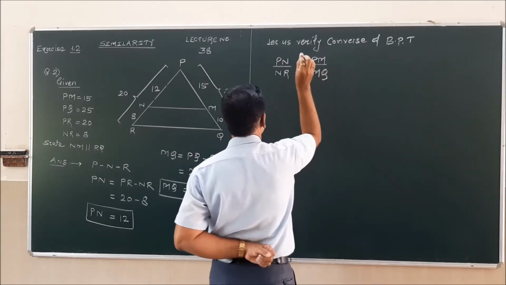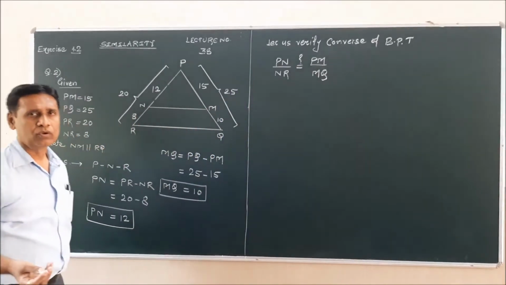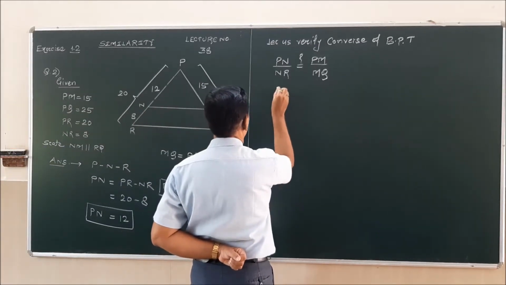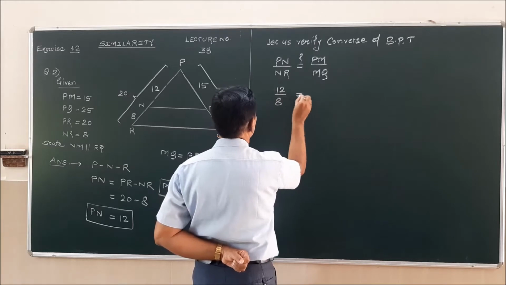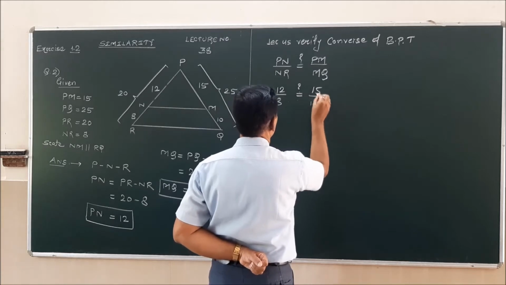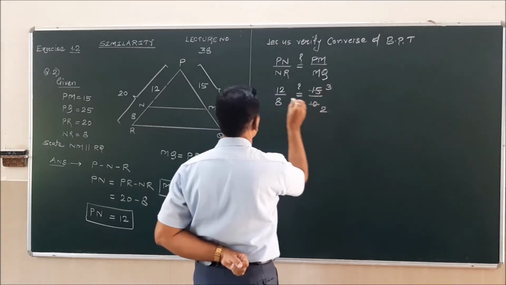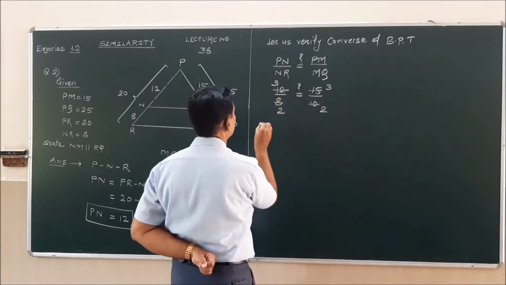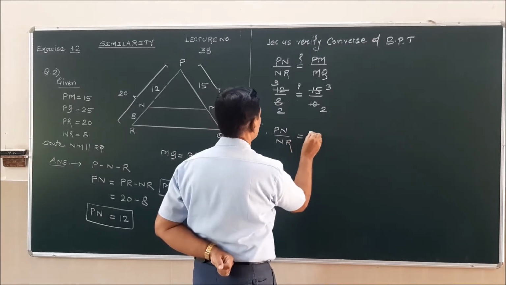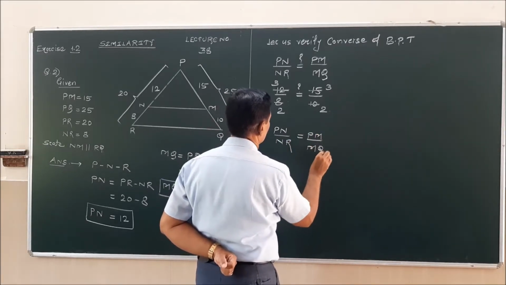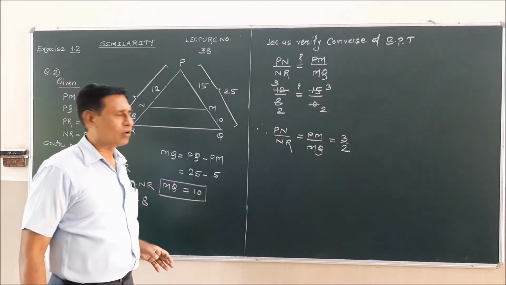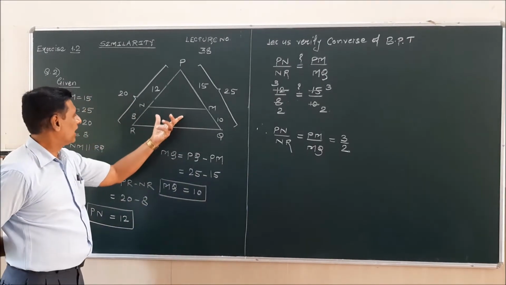So far I don't know whether they are equal or not, so I place a question mark. So 12 upon 8 is equal to 15 upon 10. Five threes are 15, five twos are 10, four threes are 12, four twos are 8. Therefore, PN upon NR is equal to PM upon MQ, that is equal to 3 upon 2. Now we can surely conclude, yes, MN is parallel to QR.